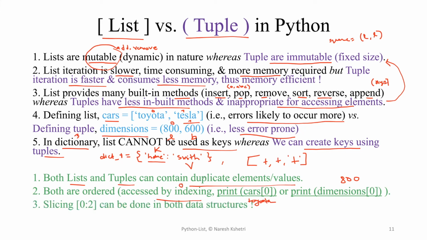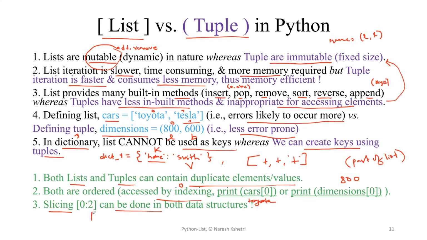And there is one more feature used in programming, that is slicing. Slicing means if your list or tuple is of big size, we can take a part of it. You can slice a part of a list and make a mini list or mini tuple.